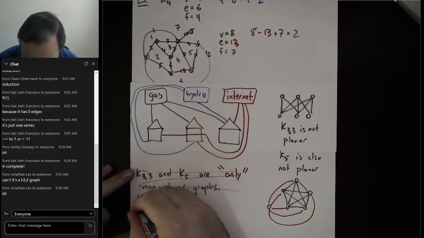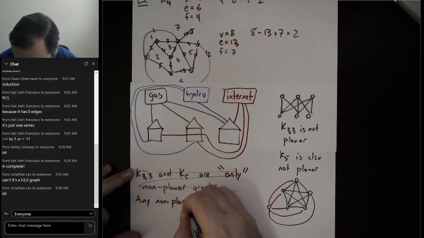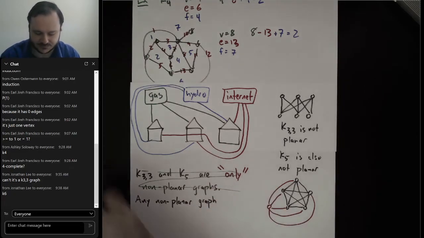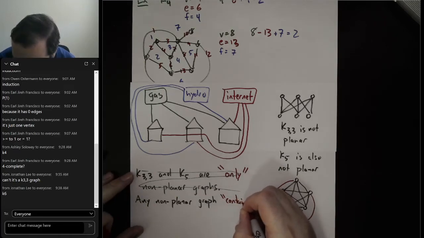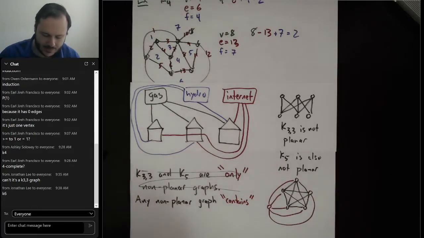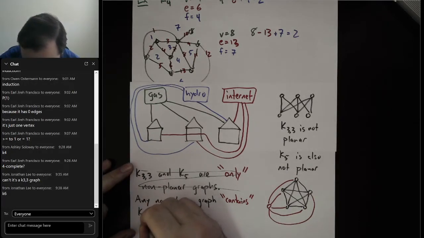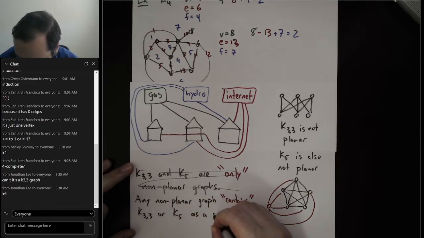Any non-planar graph, except I'm lying to you again, contains K33 or K5 as a subgraph.